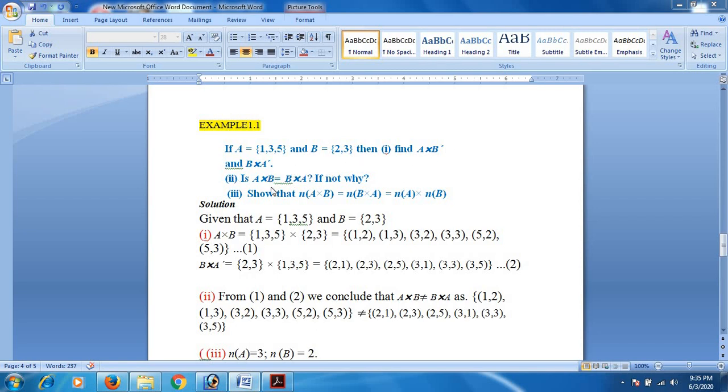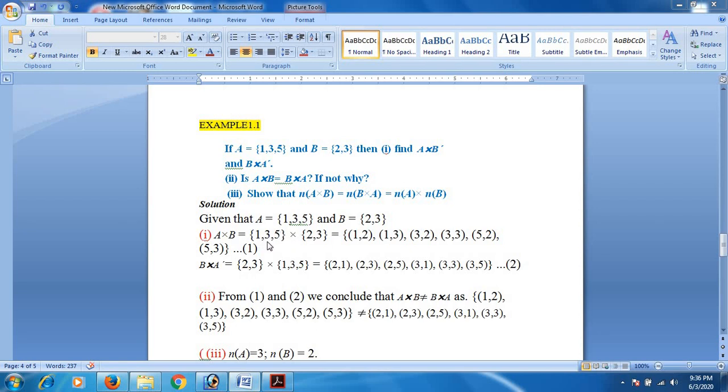Let us see first this one. So given that A equal to set of 1, 3, 5 and B equal to set of 2, 3. So already we know when we write A cross B, we should write the A elements first.